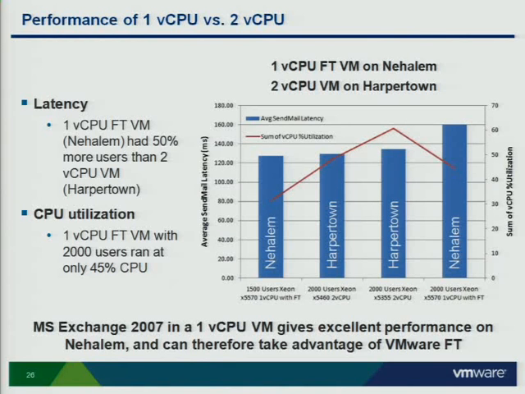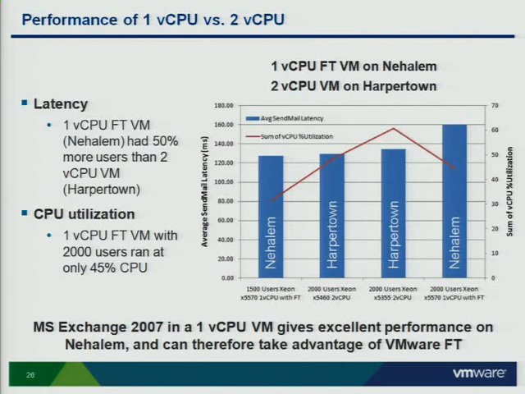So what this means is that we were actually running 1,500 users on this Nehalem 1 vCPU VM with FT enabled, and 2,000 users on a 2 vCPU VM, of course, without FT, showing similar latency. And what that means is on a per CPU or per vCPU basis, you're running 1,500 here versus 1,000 here. So we're seeing a 50% increase in the number of users we can support at the same latency with a newer generation processor running one virtual CPU.